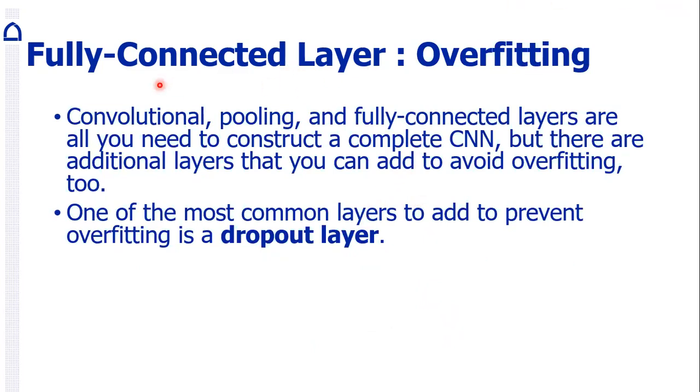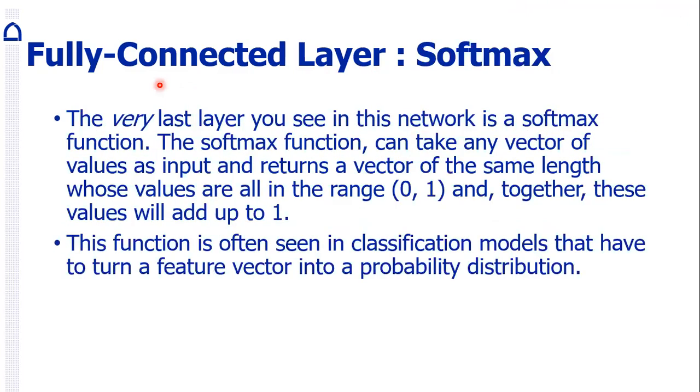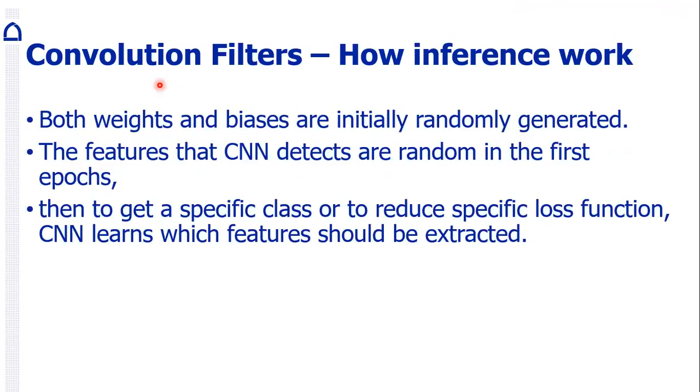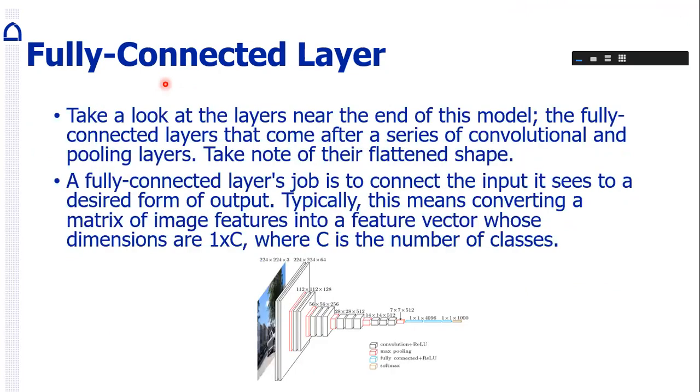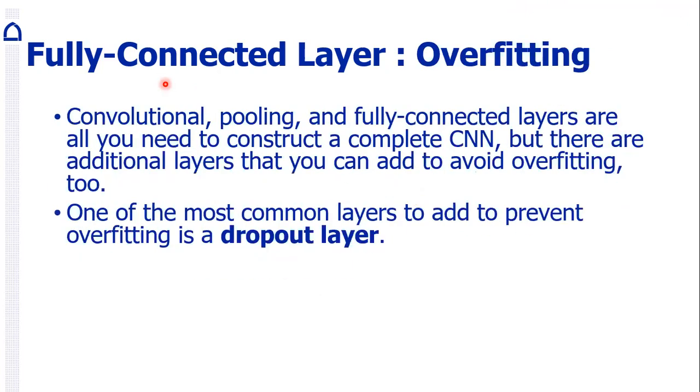When we use only the 3 types of layers that we mentioned before, the convolution layer, the pooling layer, and the fully connected layer, these layers alone are not sufficient for making a good CNN. Why? Because we face the problem of overfitting. So what is the problem of overfitting?